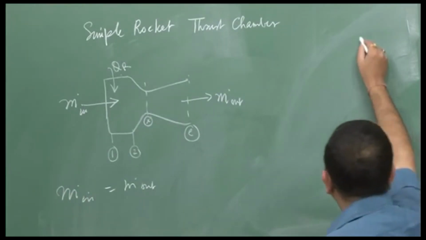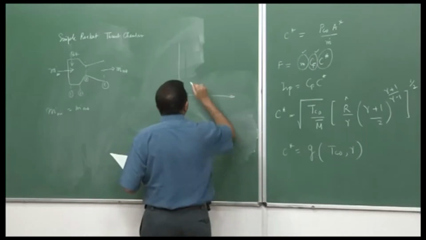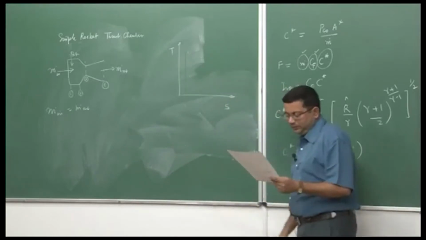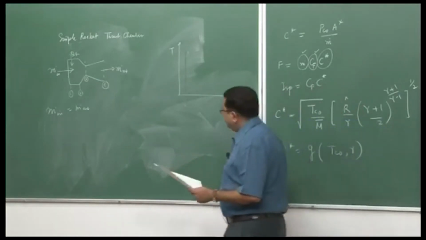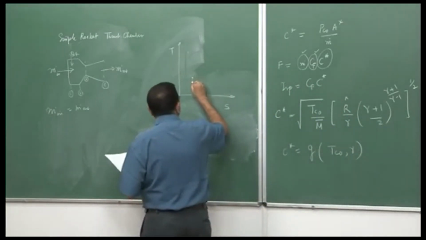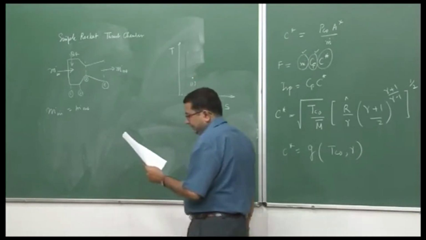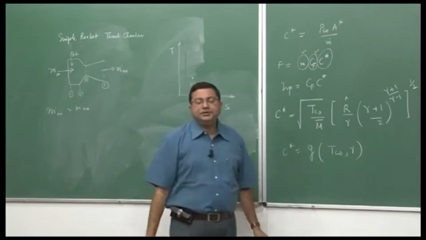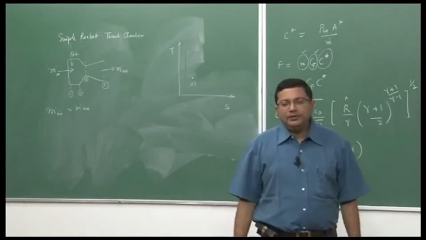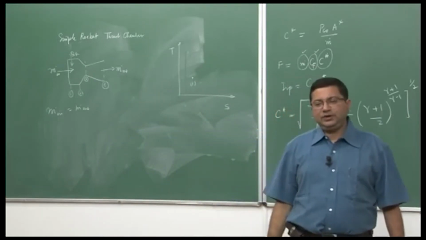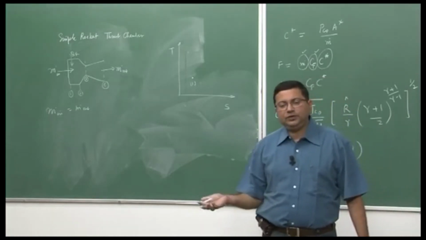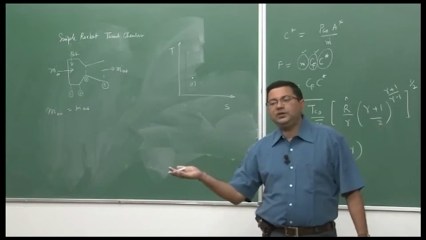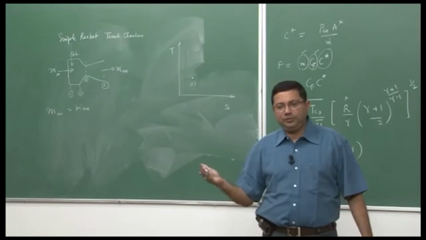If I draw the T s diagram, the temperature entropy diagram of this process, at the beginning of the thrust chamber at 1 we are here. Then what is happening in the combustion chamber? In the combustion chamber, we considered the process to be isobaric, a constant pressure process.